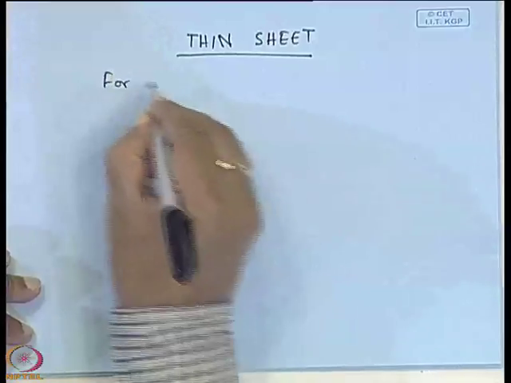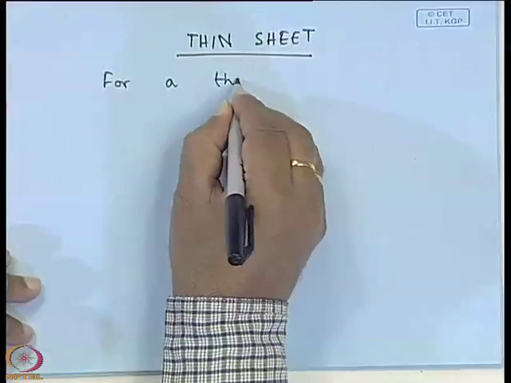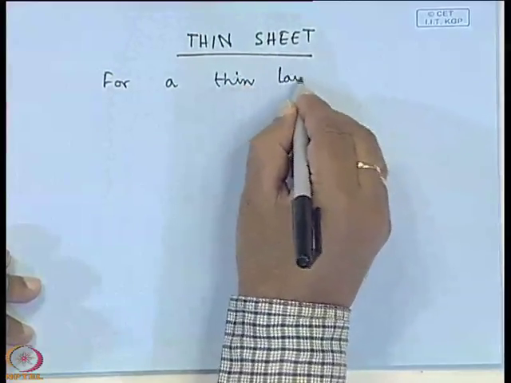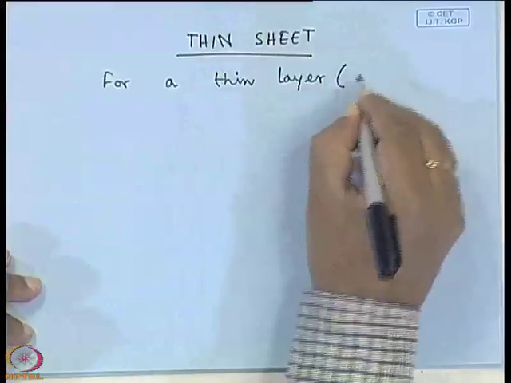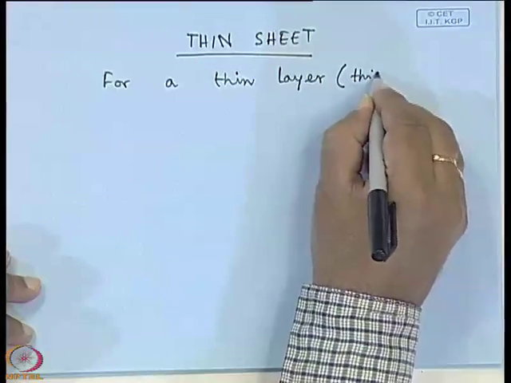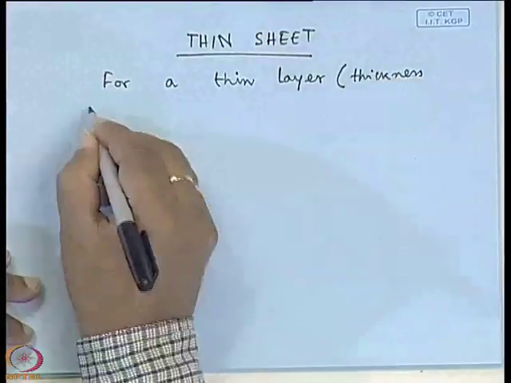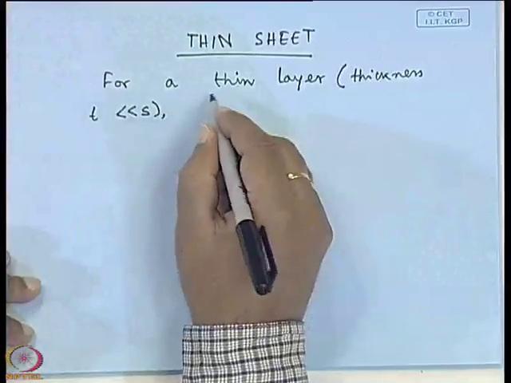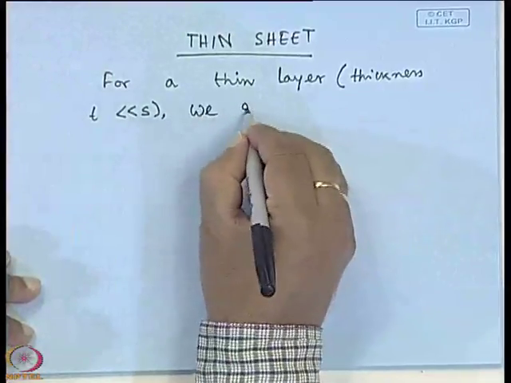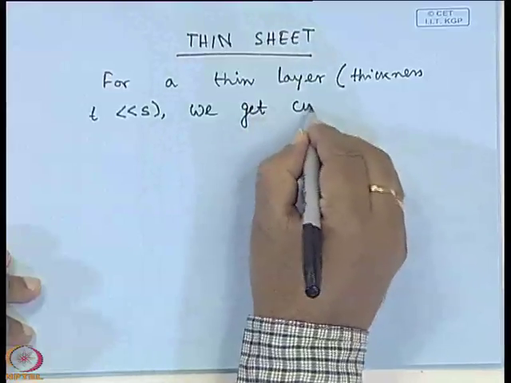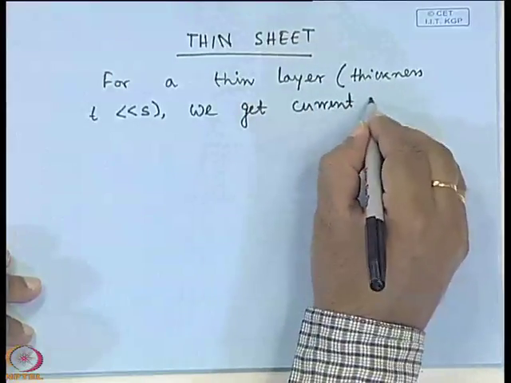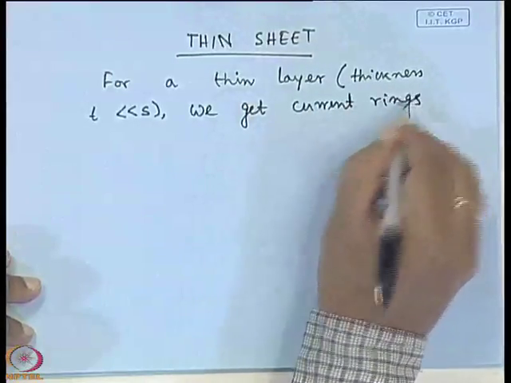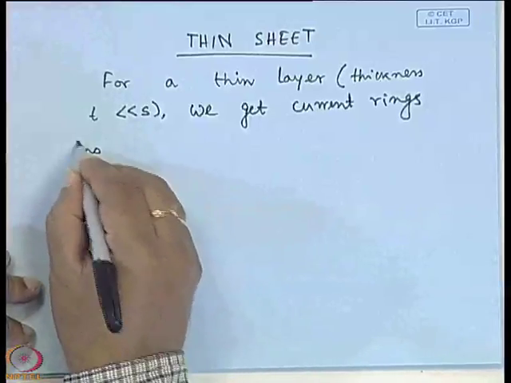Let me write down for a thin layer, thickness T very less than S, we get current rings instead of hemispheres.